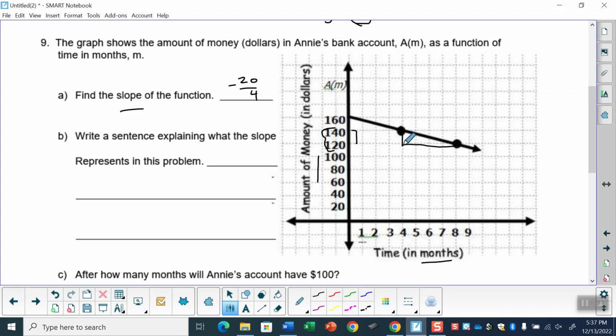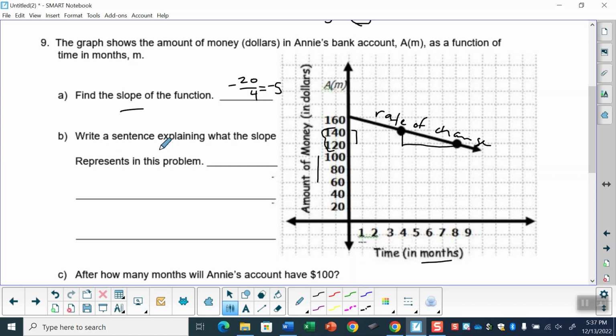So it went down $20 over a period of 4 months. And then you always reduce the slope, and that would be negative 5 if you divide it. Remember, the slope is always the same as the rate of change.